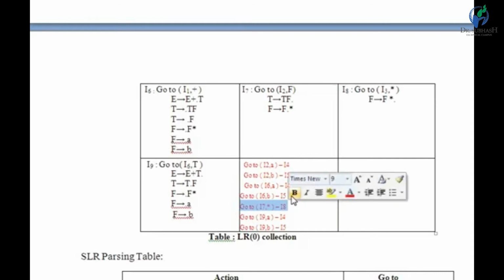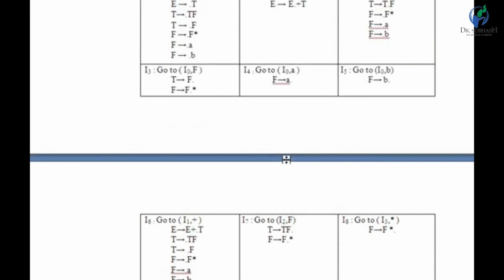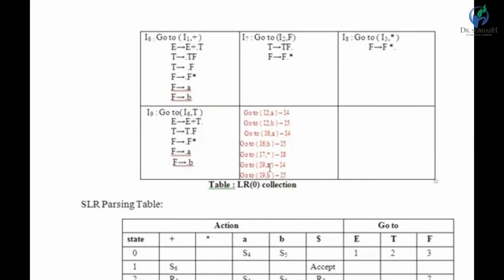Next, I9 to A, it's I4. I9 to A, so you get F gives A dot, and I9 to B you get F gives B dot, which is already indicated by I4 and I5. So I9 to A is I4, I9 to B is I5.